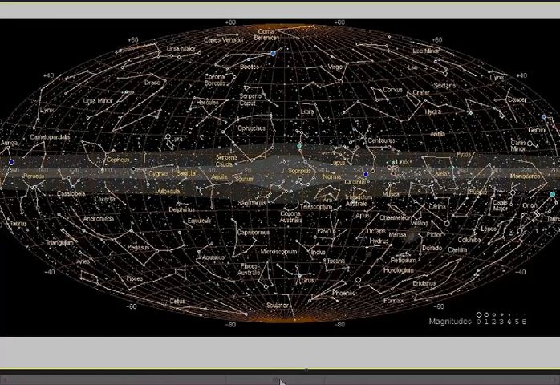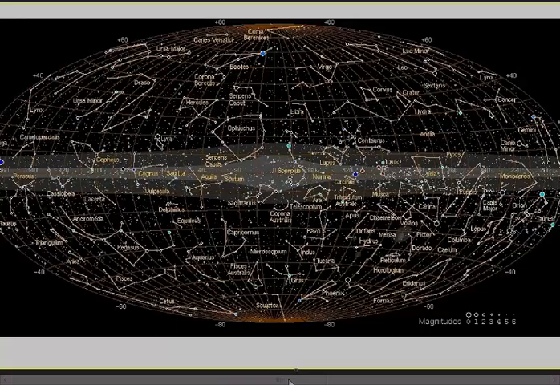And here we have a projection of the entire night sky. Even though it is skewed to the perspective of the equator of the Milky Way, and not the equator or the ecliptic of the Earth, it is still the same concept of the geocentric model being projected here on this shell of the cosmos.